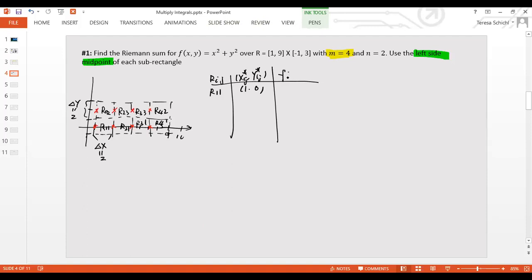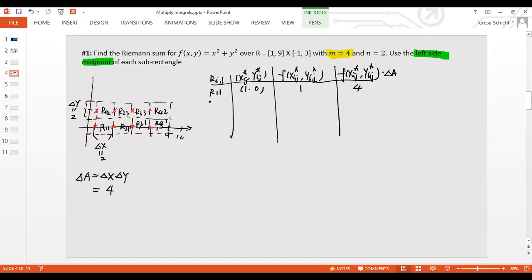Then you plug this xij star and yij star into your function, and you get 5. Then you multiply by the area. The delta area is delta x, which is 2, times delta y, which is 2, so it's 4. So 1 times 4 is 4.